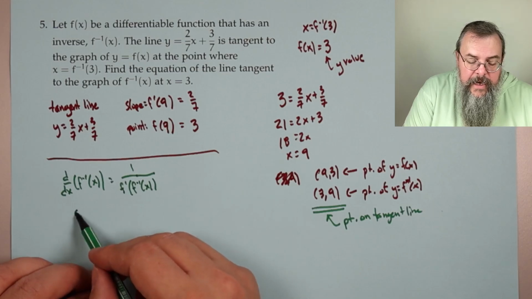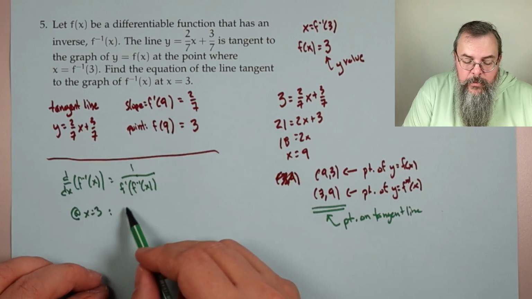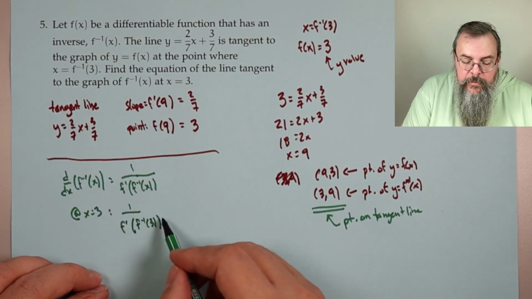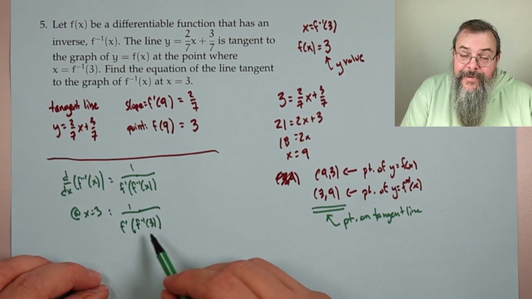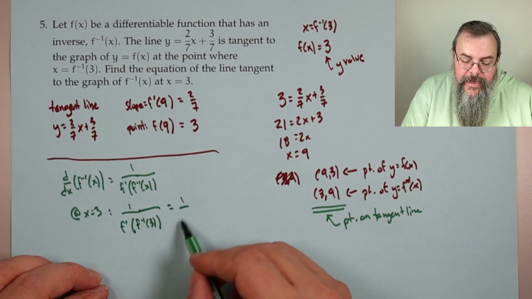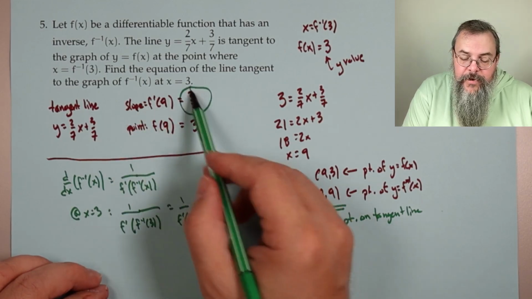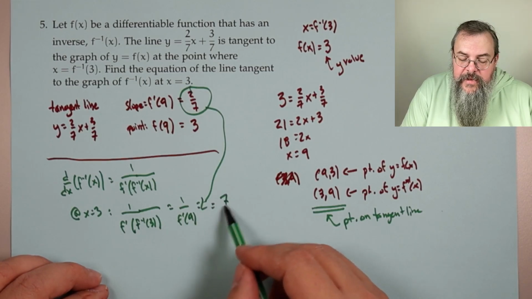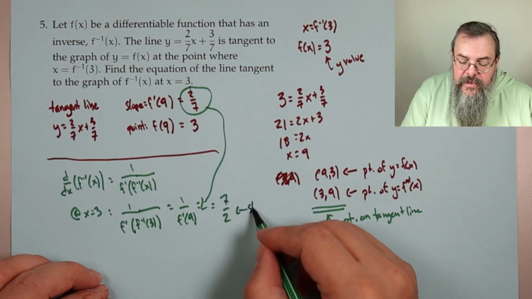So at x equals 3, we get 1 over f prime of f inverse of 3. But we actually know what f inverse of 3 is. It's 9. So it's 1 over f prime of 9, which is just a fancy way of saying it's 1 over that part. So we end up with 7 halves. You flip it over. So here's our slope.